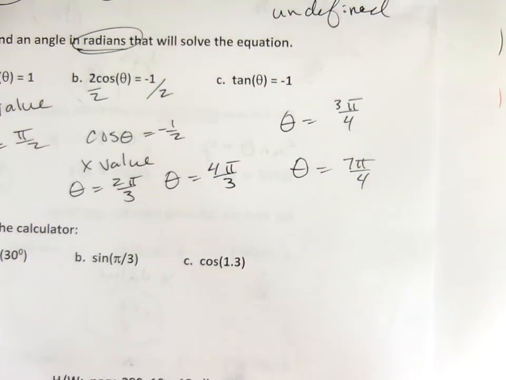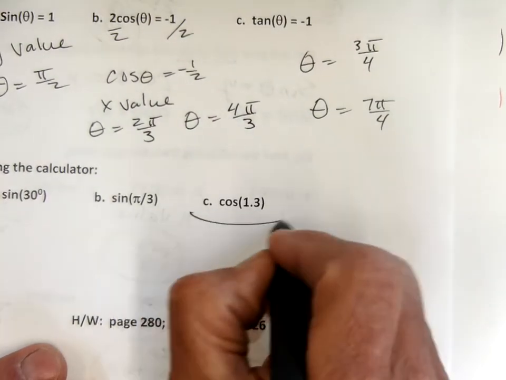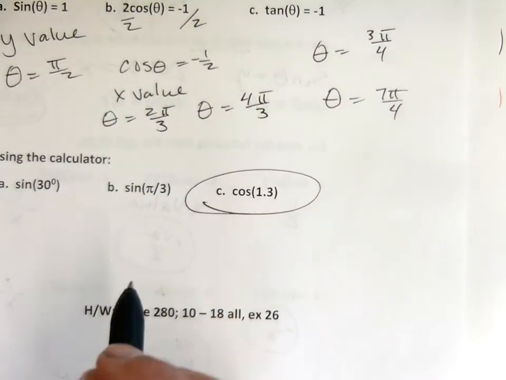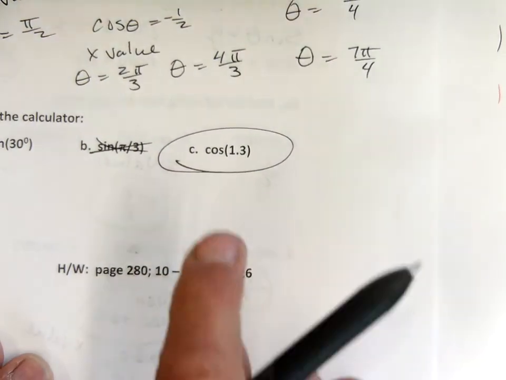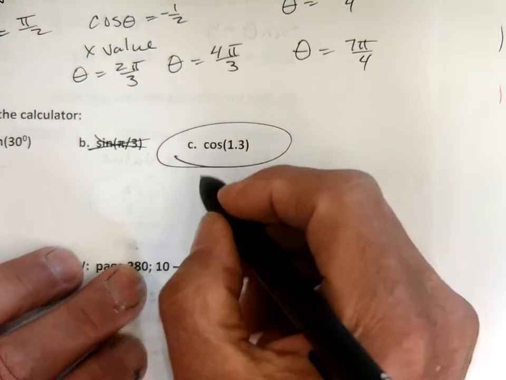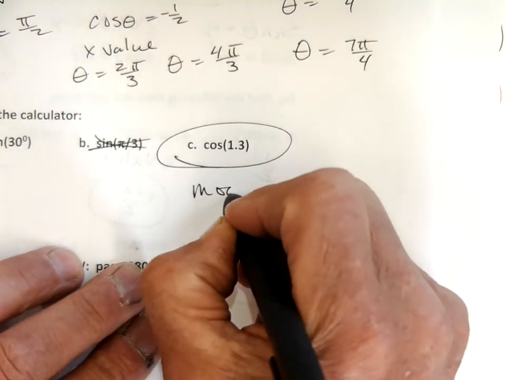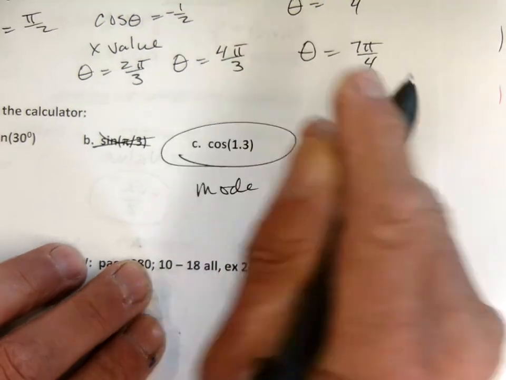Okay. Now I'm running low on time, so I'm just going to do C, okay? Because that's unit circle. So this is not on the unit circle. How do you find this answer? Well, all you got to do is change your mode to radians. I'll show you how that works.